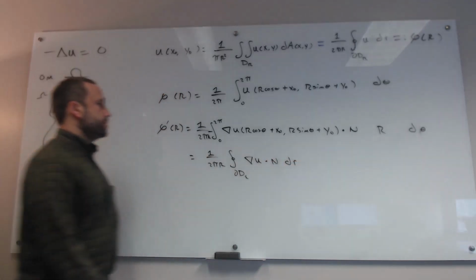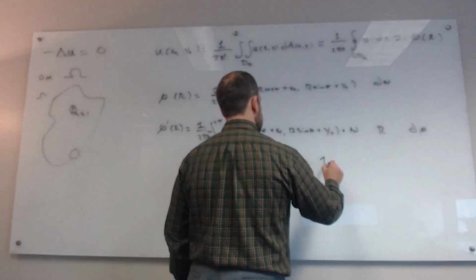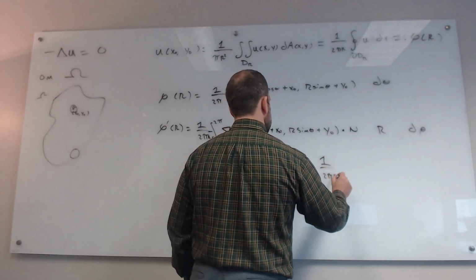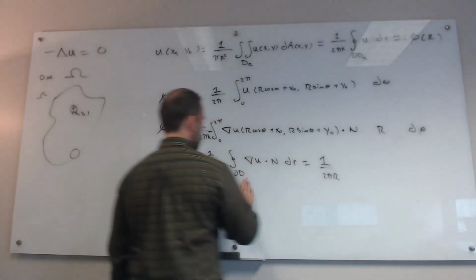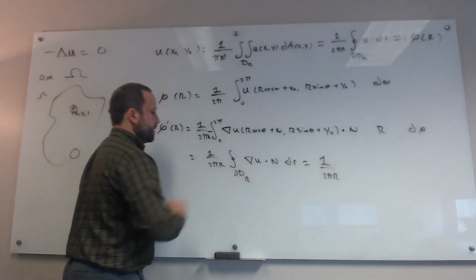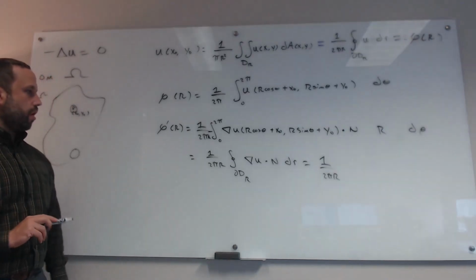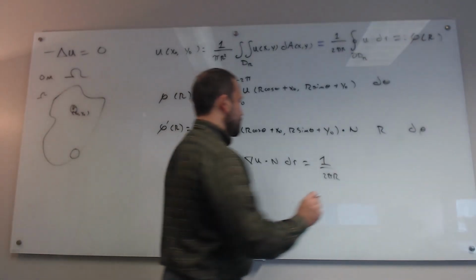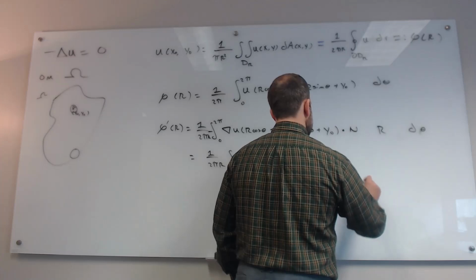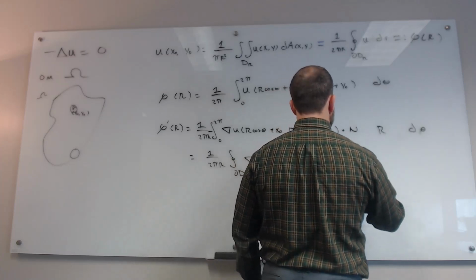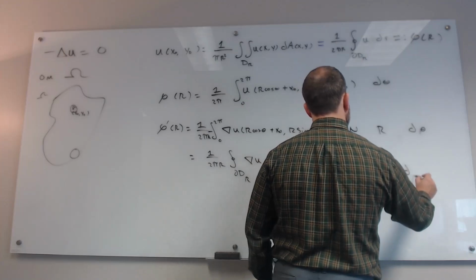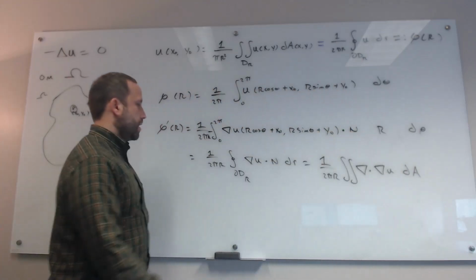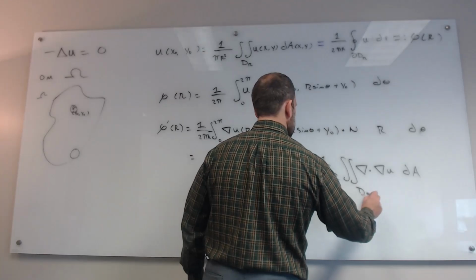But the divergence theorem says this integral here, I had d sub epsilon, it should be d sub r, says that this integral is equal to the double integral of the divergence of the vector field, again over d sub r.